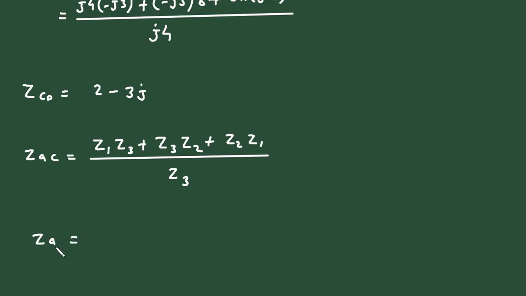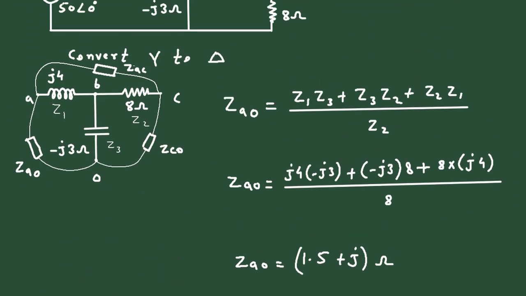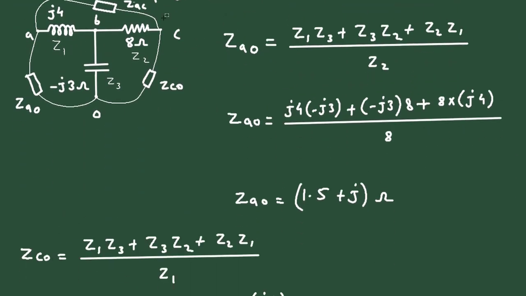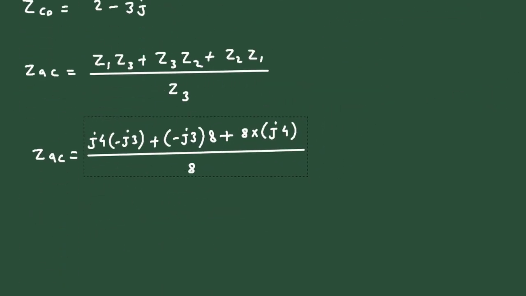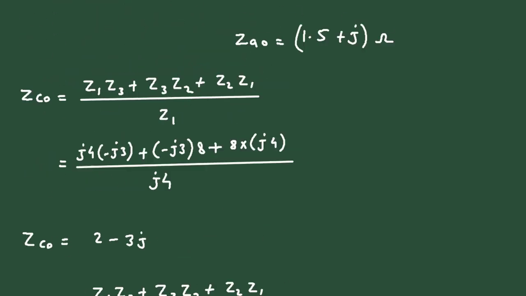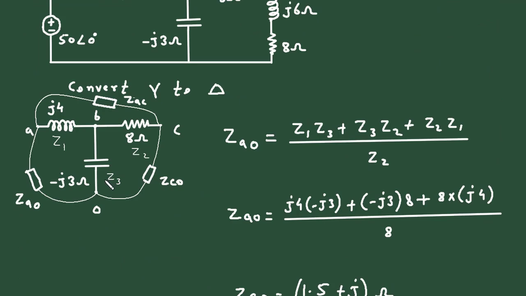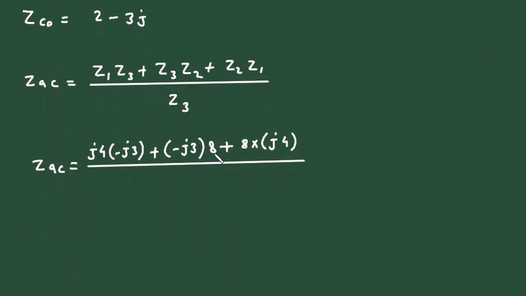So ZAC is equal to, again the numerator will remain same, but the denominator part will change. It will be Z3, that is minus J3.